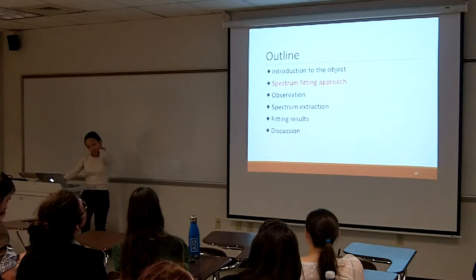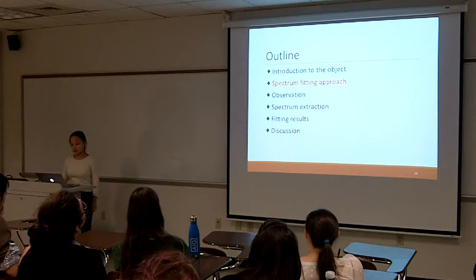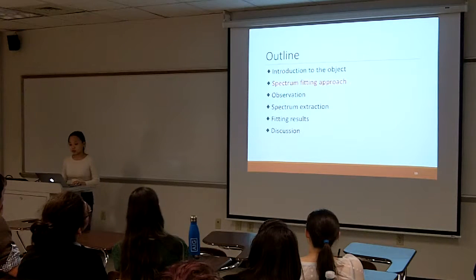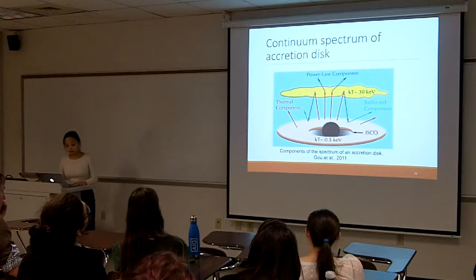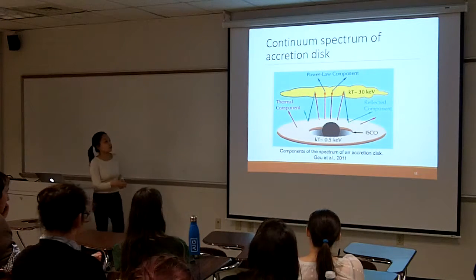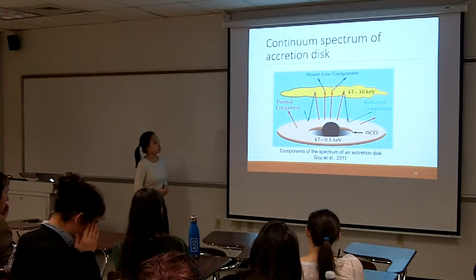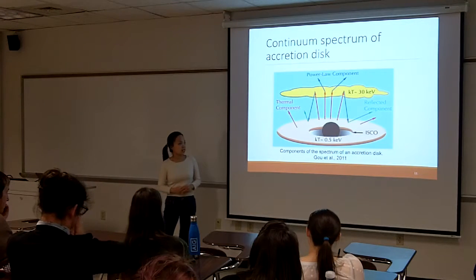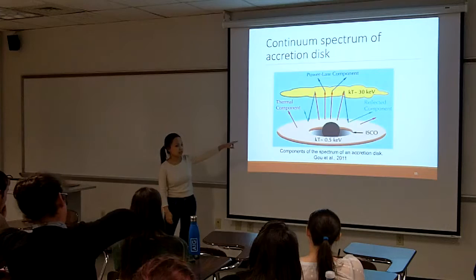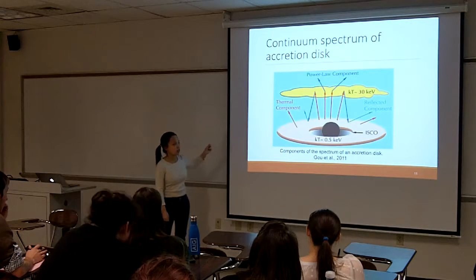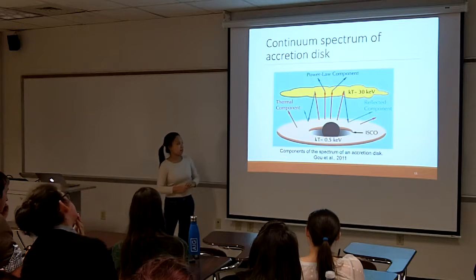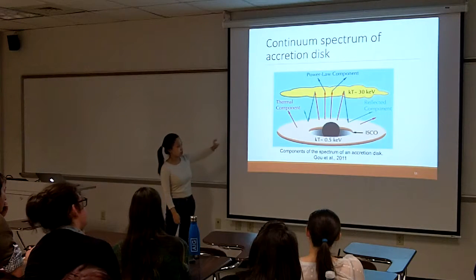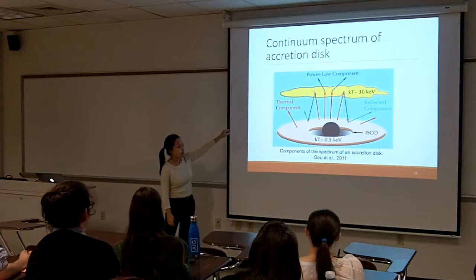Okay. So the second part is the spectrum fitting approach. What do we mean by spectrum fitting, and why are we doing that? This is a model of the continuum spectrum of the accretion disk. As I just said, the accretion disk can be regarded as a multi-temperature black body, and its radiation can be reflected by the nearby cloud.